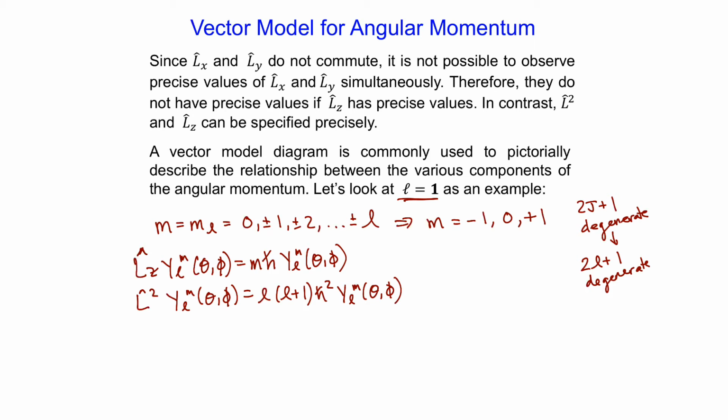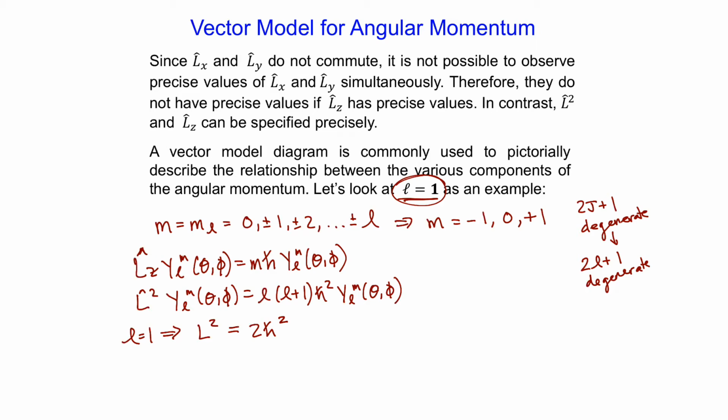So if we plug in for our L equals 1 situation, we know that our L squared eigenvalue is going to be 2 h bar squared.